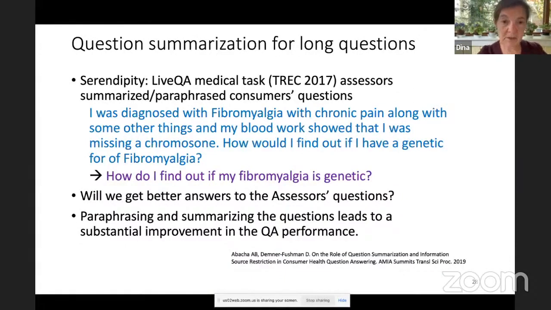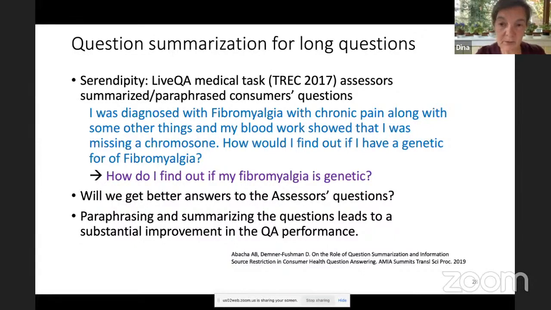But what we have noticed in the process of going over that question is that we sort of summarized the question. And that was the finding that we accidentally discovered when we had the live QA shared task with TREC 2017, where the National Institute of Standards assessors were summarizing the question. They were judging the answers returned by the systems.